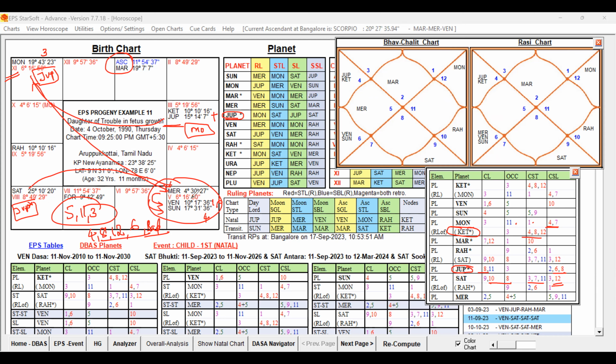That itself is causing some affliction to this Mercury, not only by Karakatva but also with the unfavorable houses. Already influenced by Jupiter, it is aspecting. So that way, the 5th house is strongly influenced by the unfavorable planets.